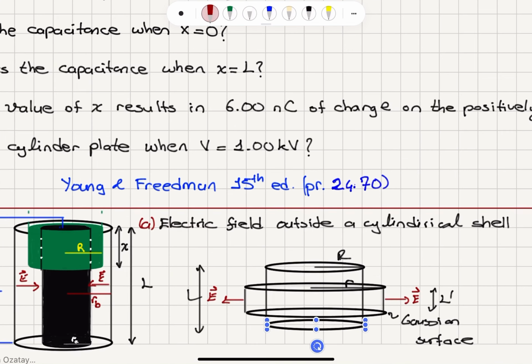Because the charge that we are enclosing here is basically for this portion of the hollow cylinder, and those charges are defined by the surface charge density sigma, which will be Q divided by 2 pi R capital L, the length of this cylinder, multiplied with this surface area of this portion, which is 2 pi capital R L prime.